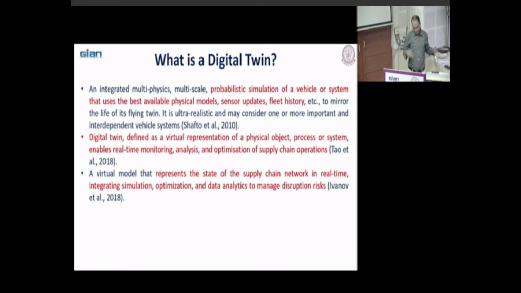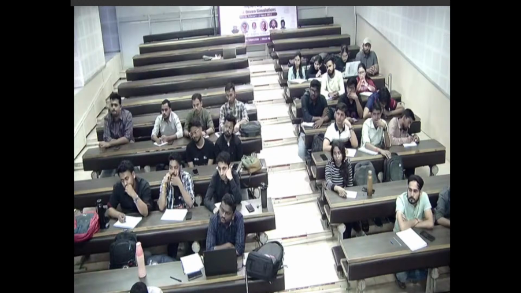Let's start with the first one. What is the use of simulation in digital twin? Why do you need simulation? We create complex scenarios and estimate that specific scenario, because when your system is very complex, you cannot do the analytical analysis.